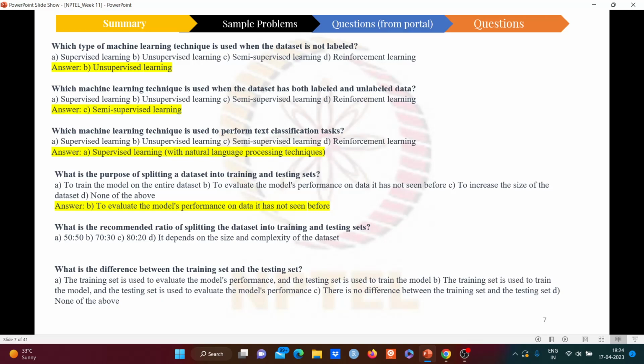Next is, what is the recommended ratio of splitting the data set into training and testing sets? So we are on the fifth one, which talks about the recommended ratio.